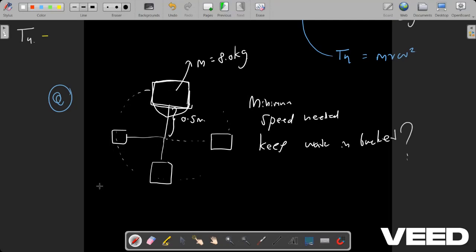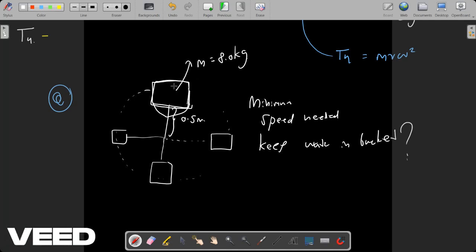You should decide on that, right? If the water can stay inside when the bucket is at a particular place, it means around the whole circle the water will still be inside.